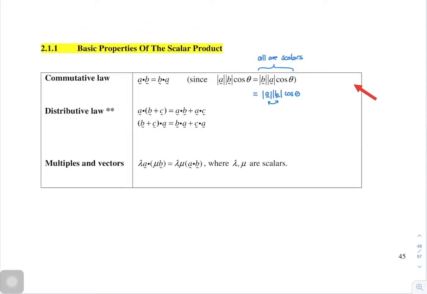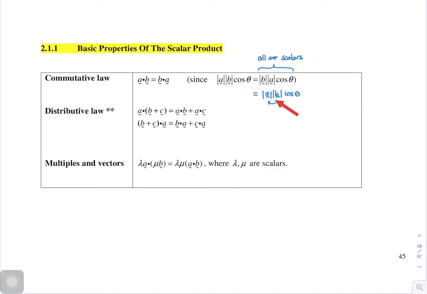Some of the properties of a scalar product: the scalar product is commutative. The reason it's commutative is observable from the definition of the scalar product itself. When we do the dot product between A and B, by definition we have the modulus of A times the modulus of B times cosine theta. Since all these items are scalars, they can be switched.